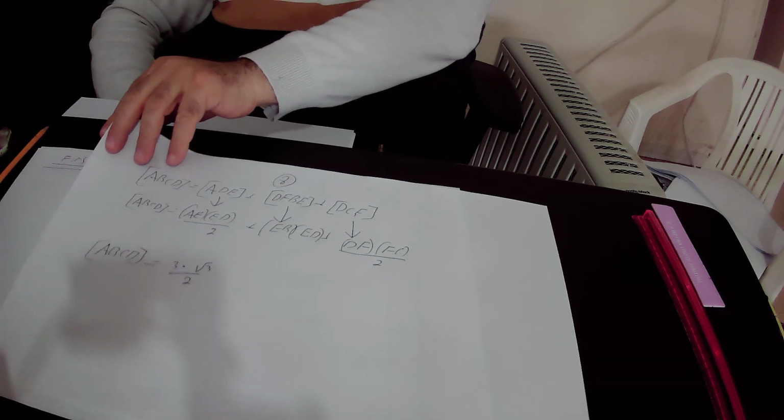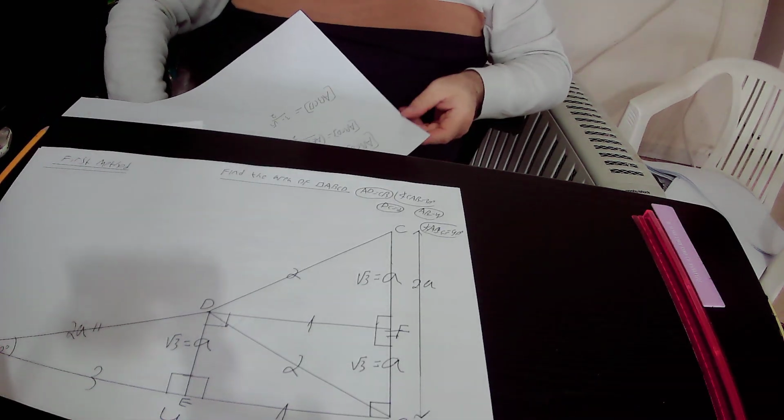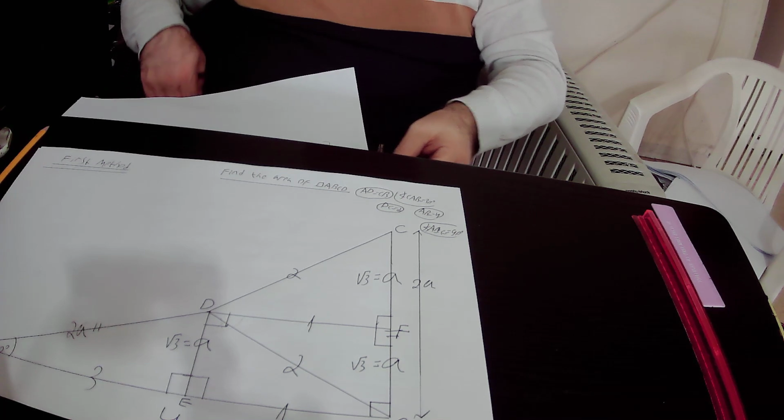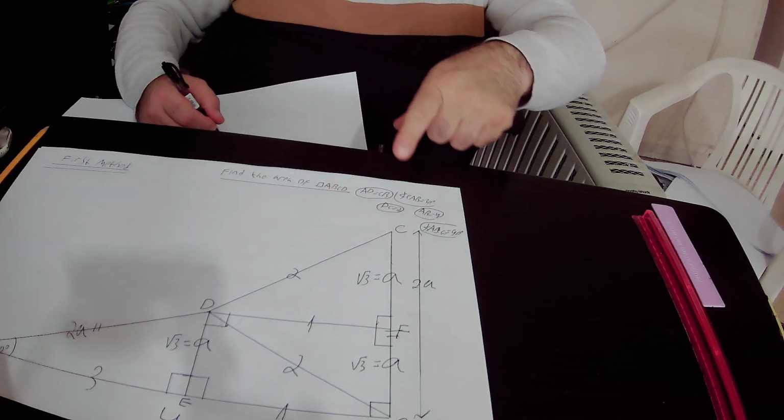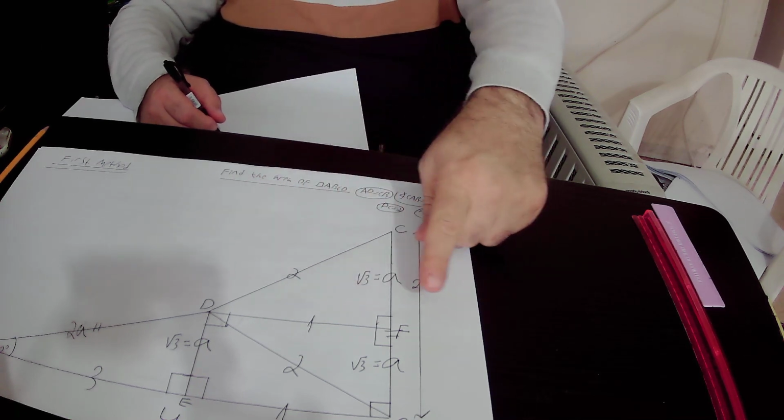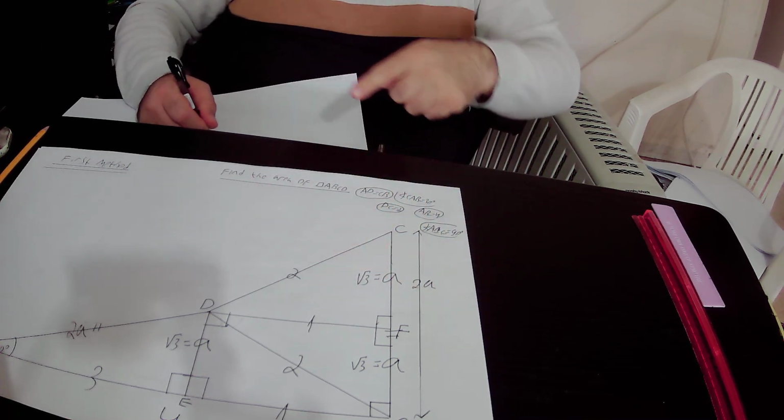Plus the area of rectangle DFBE, that is EB, which is 1, times ED, that is square root of 3.